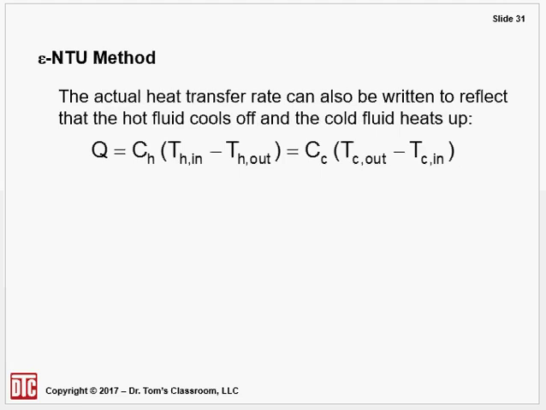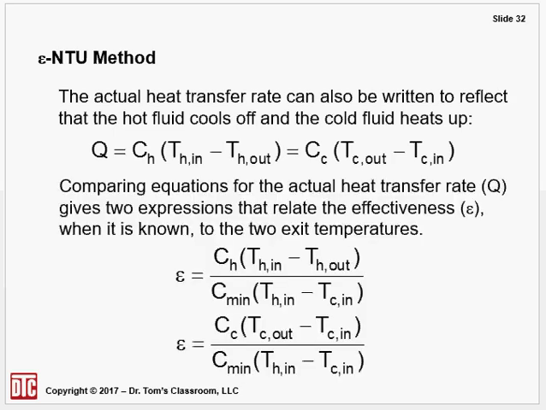So just our regular m dot c sub p delta T, the hot has to equal the cold heat transfer. So that again is there. If you compare that one and the previous expression, you can come up with the following relationships between the effectiveness epsilon and the temperature that you don't know.